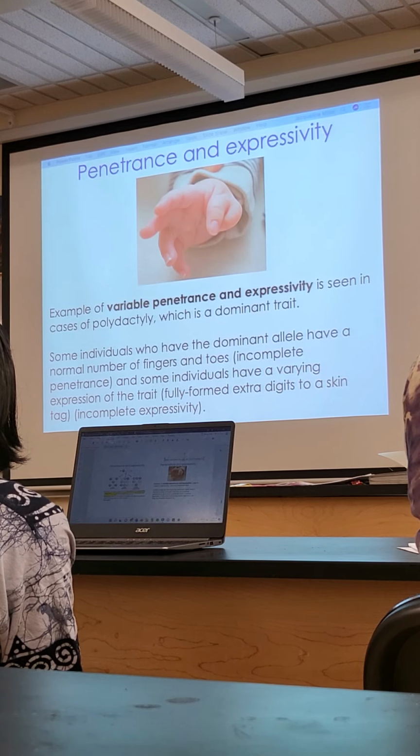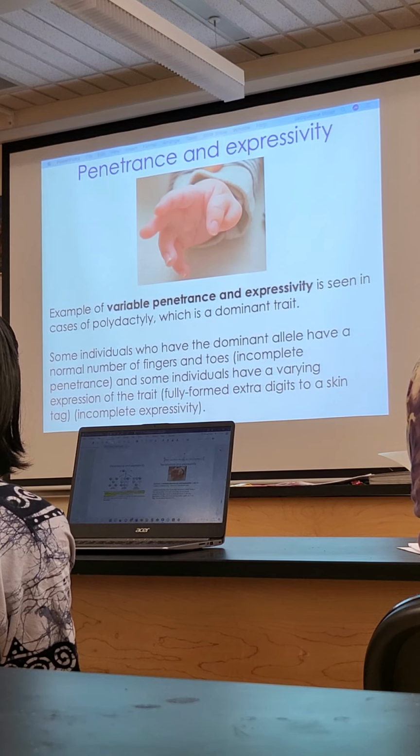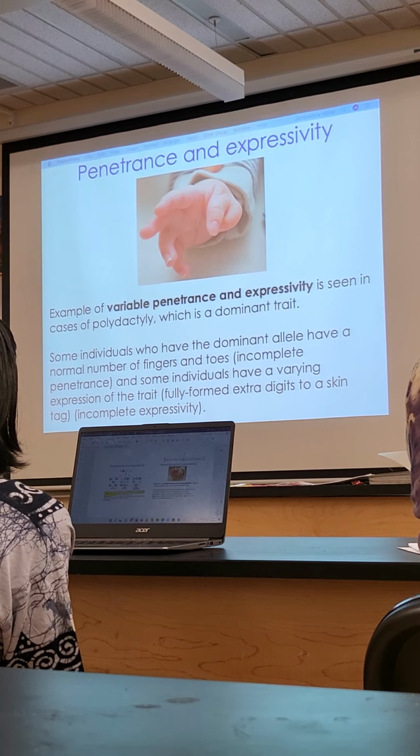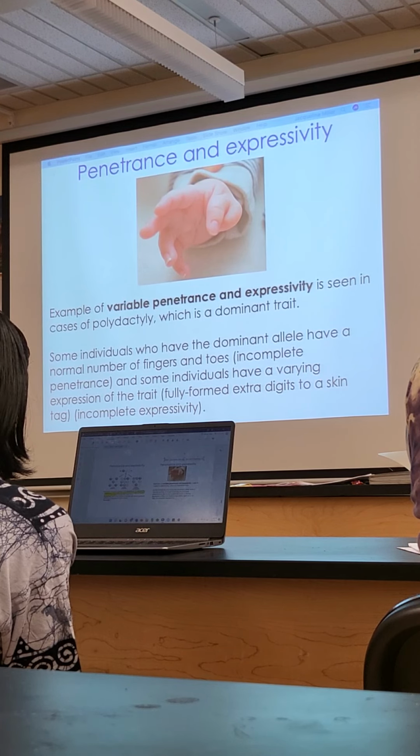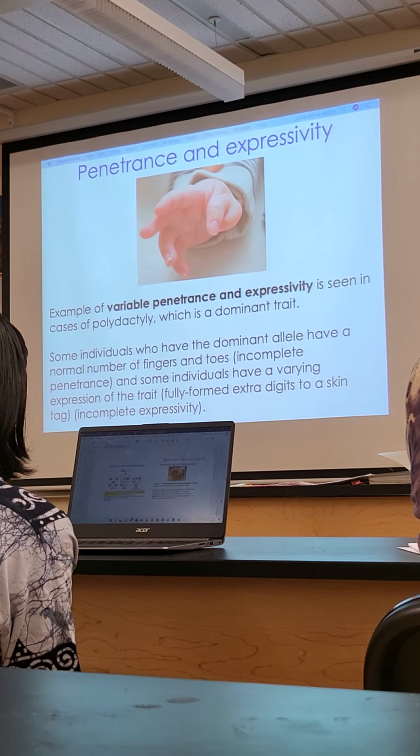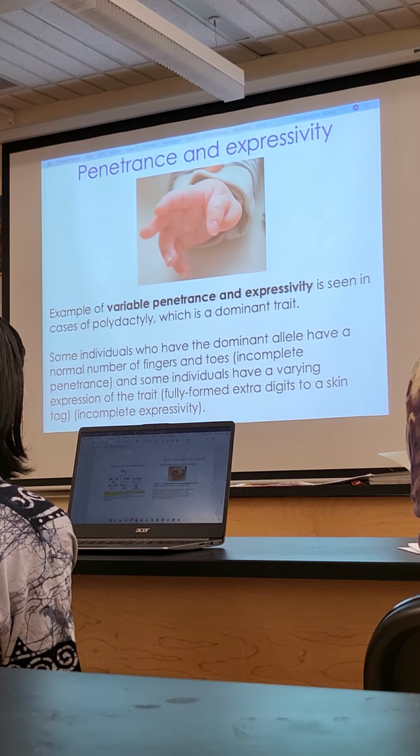So these are usually explained by interactions among multiple genes, and it's hard for us to know what that individual has at all these other loci. If we're just tracking the one polydactyly gene that we know of, we don't know about all the rest of it. So that always makes genetics complicated when you're studying a trait. We want to pin it down on one thing, but you usually can't.